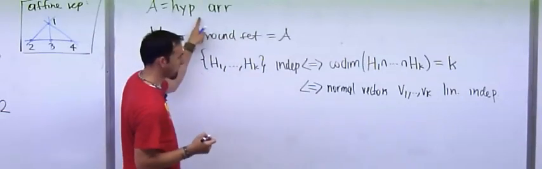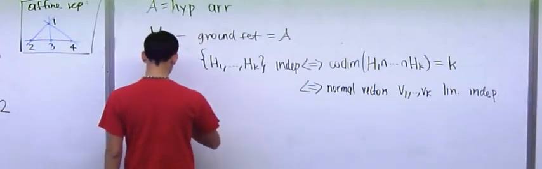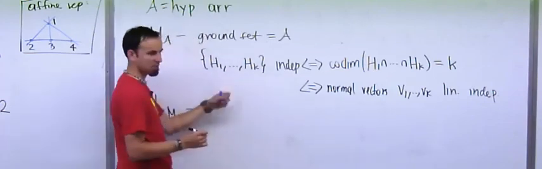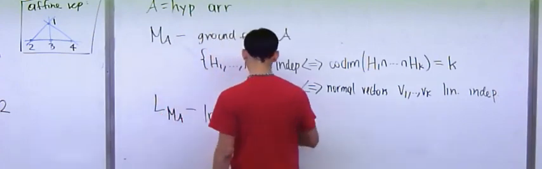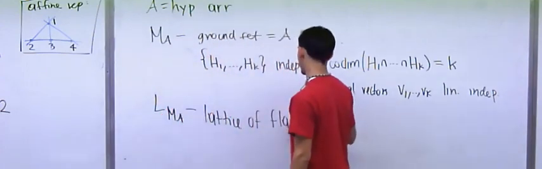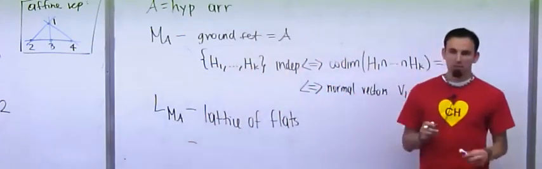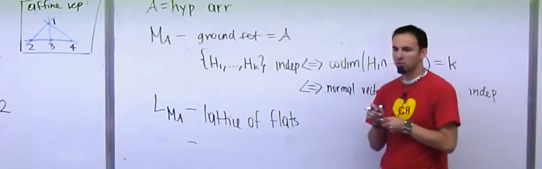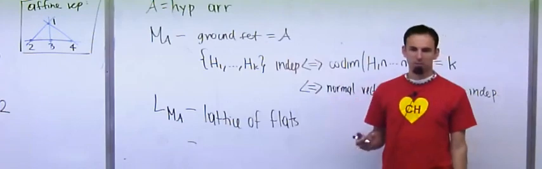So here was the hyperplane arrangement. We got a matroid out of it, and then we got a lattice of flats. Any matroid has a lattice of flats. But I'll remind you that we said that the lattice of flats was actually very easy for hyperplane arrangements because the flats are just the intersections that you see in the picture.